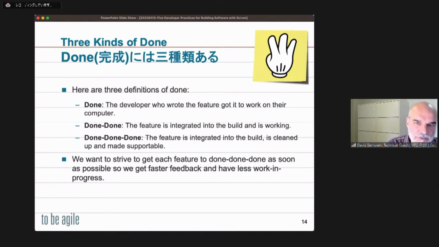The largest cost for software after it's released, well, it's not the largest cost, but it costs about half as much as it costs to build the system to remove defects from it, and twice as much as it costs to build the system to make enhancements to it.